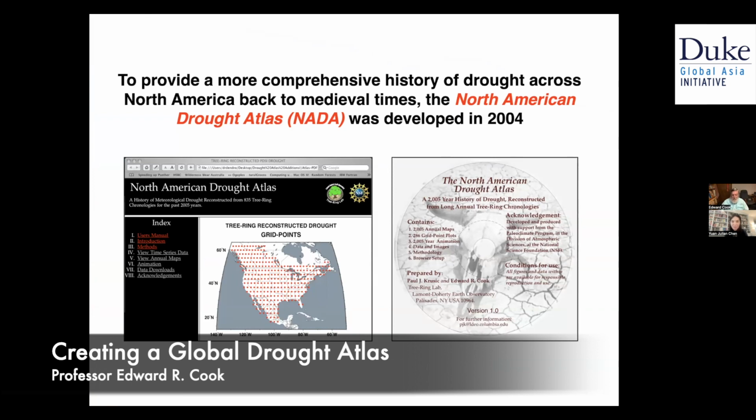And what it is, it's a reconstruction of drought indices based on instrumental temperature and precipitation data that can be reconstructed from tree rings, and in so doing create maps or atlases of variability of wetness and dryness over time. This turned out to be extremely successful in North America.